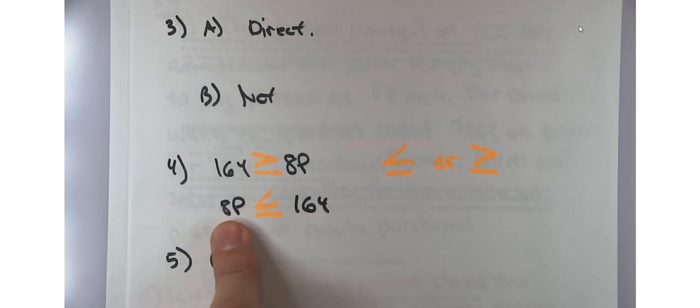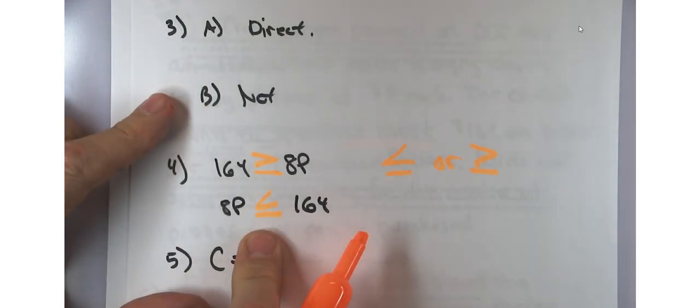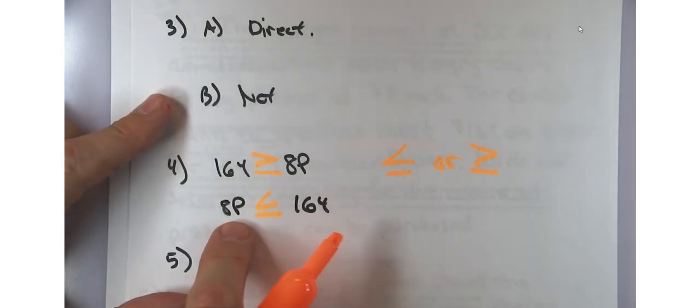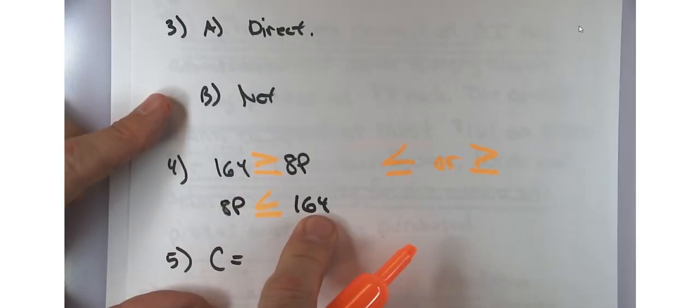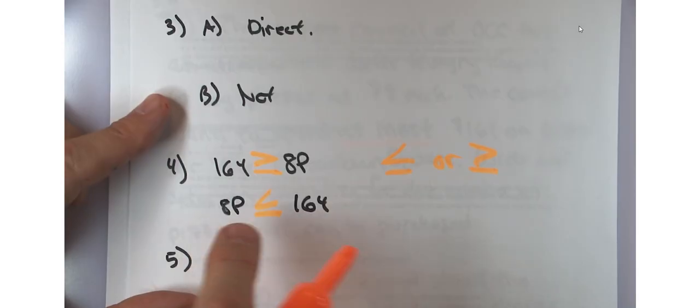You're going to spend less than that much. It might be easier to think of it here because now we could say, all right, this is how much it's going to cost, and that's at most 164. So we've got less than that amount there. So it might be easier to put the variable part here and the number part here.